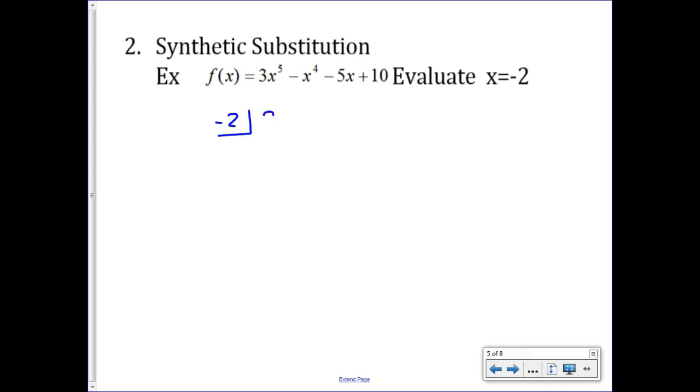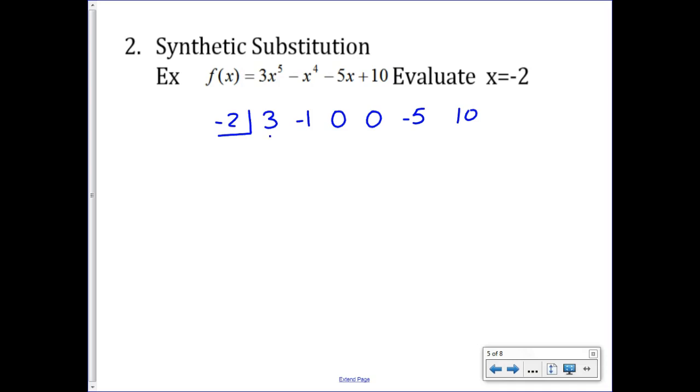So I have 3x to the fifth, and then I have a negative 1x to the fourth. The key here, though, is including all of the coefficients. So I have 0x to the third, I have 0x squared, I have negative 5x to the first, and then I have positive 10.